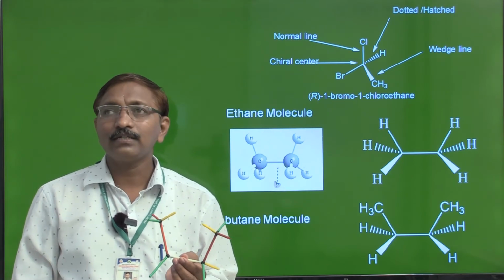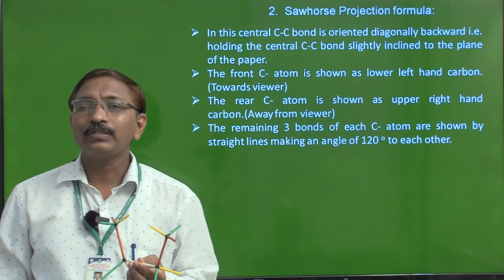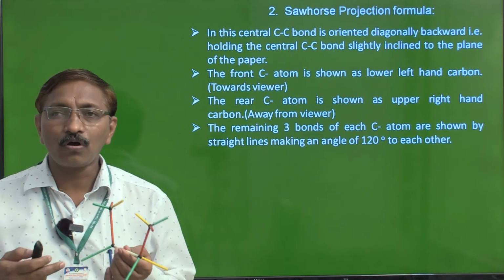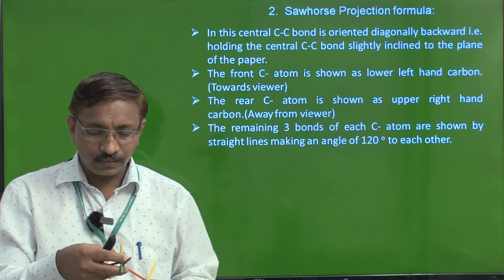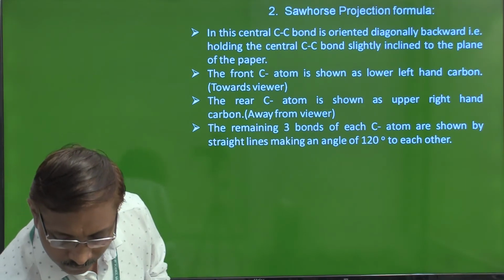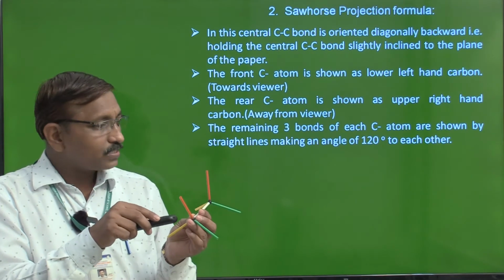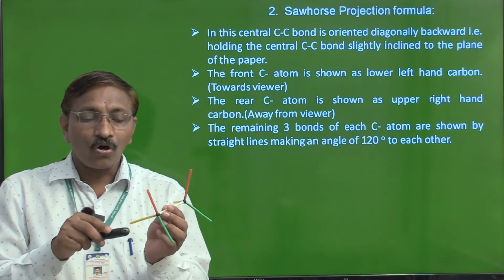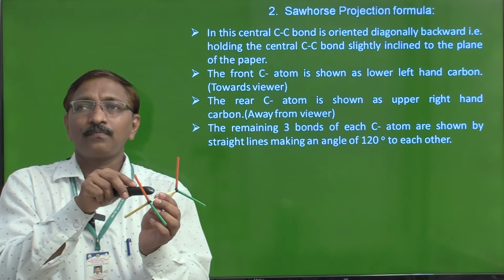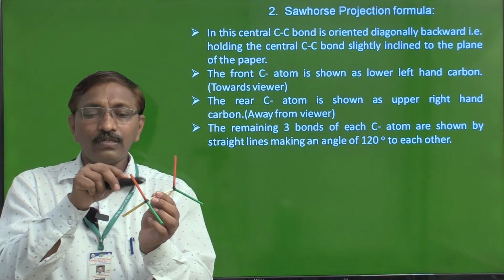Now we can see the next one, that is the Sawhorse projection formula. In this case, the central carbon-carbon bond is oriented diagonally backward, in a slightly inclined position, going backward, in an inclined position of the plane.